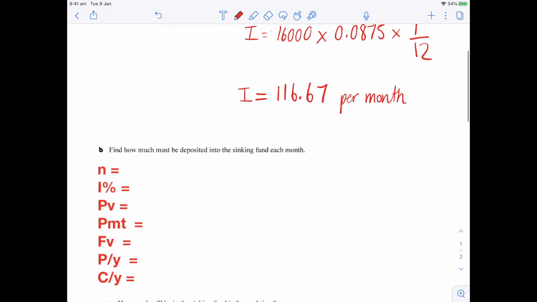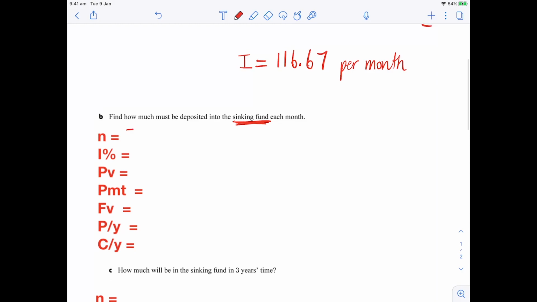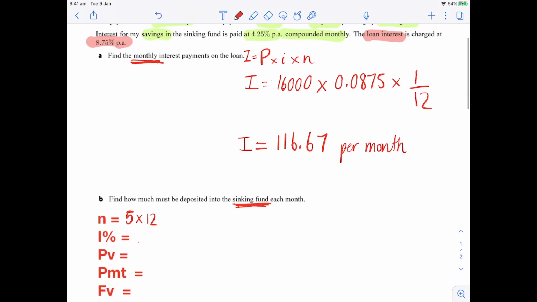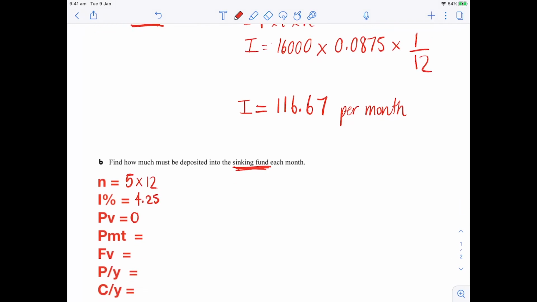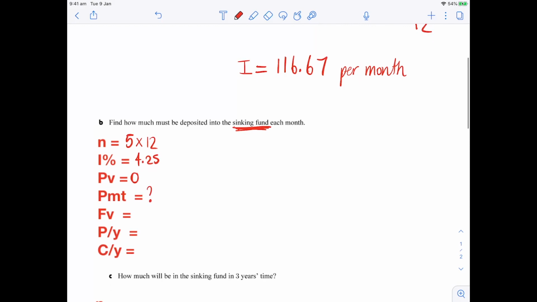All right, so now I want to know how much I also need to put into my sinking fund to make sure I have that $16,000 at the end of the 5 years. So this will be 5 times 12. The interest rate was 4.25%. I'm starting out with nothing in the account. I'm looking for what my payment needs to be.